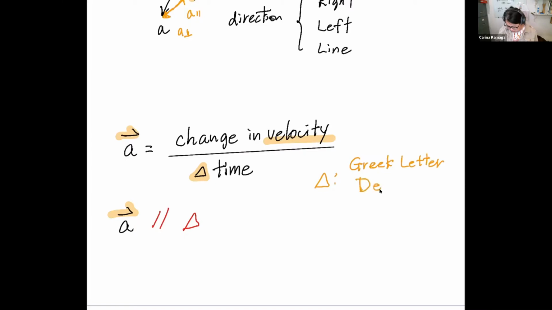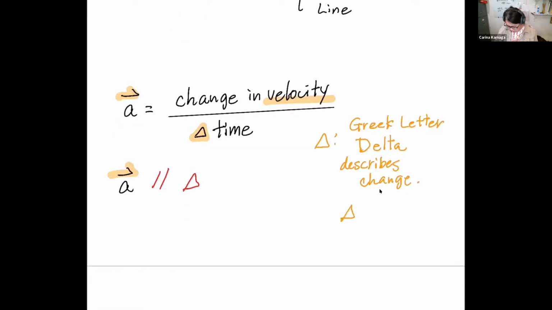And it describes change. So when you write change in time, this means t final minus t initial. So this one can be rewritten as change in velocity divided by change in time.